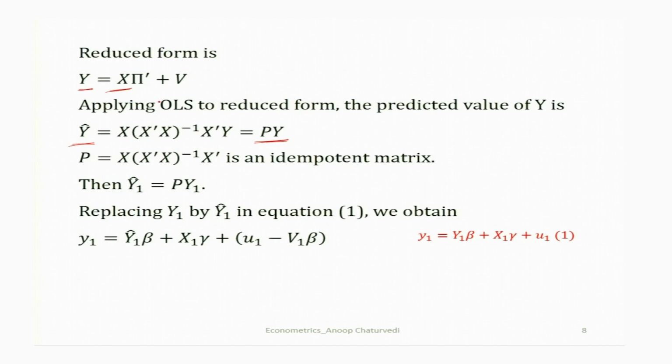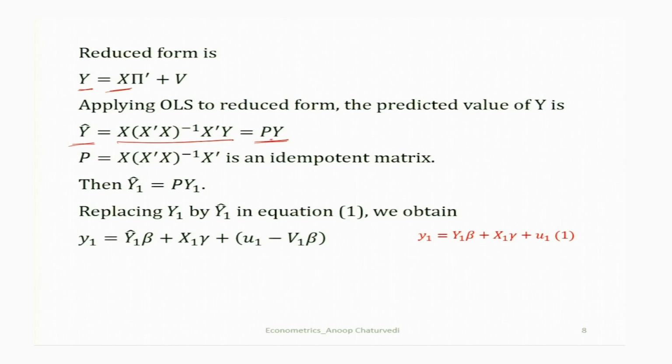Basically, what you are doing? You are running regression between all the endogenous variables and all the predetermined variables, and using this regression you are predicting the value of capital Y. So, y hat is equal to this.